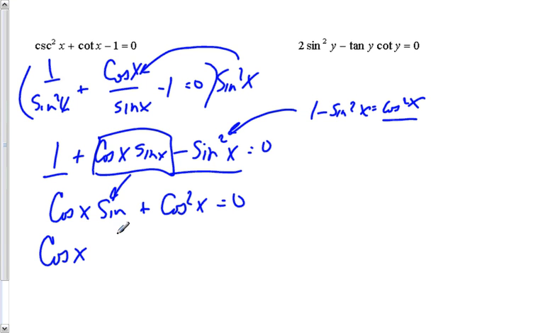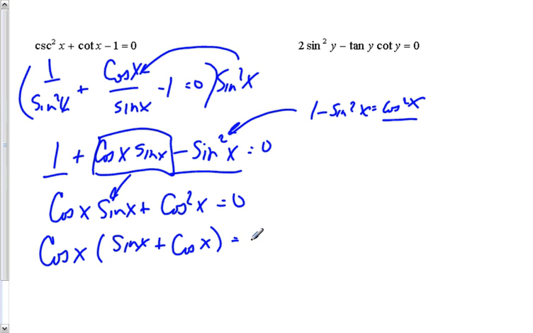Now, at this point, factor cosine, I got sine of x. Don't forget your x's. Plus, right here, cosine of x. So far, so good. No problems there.